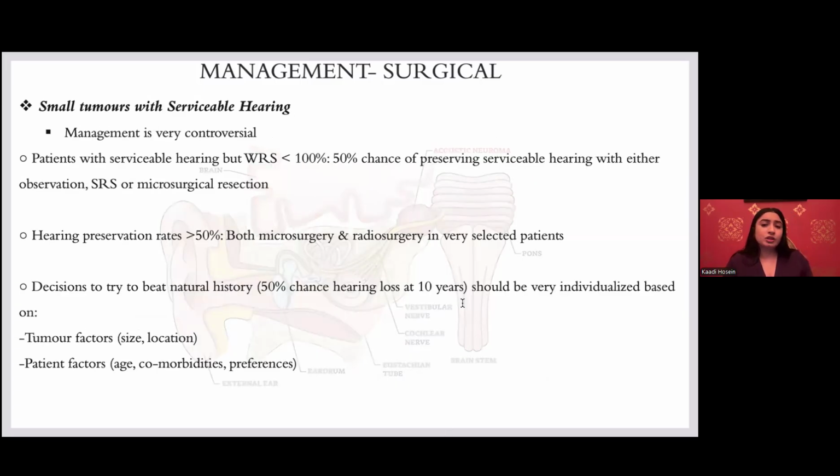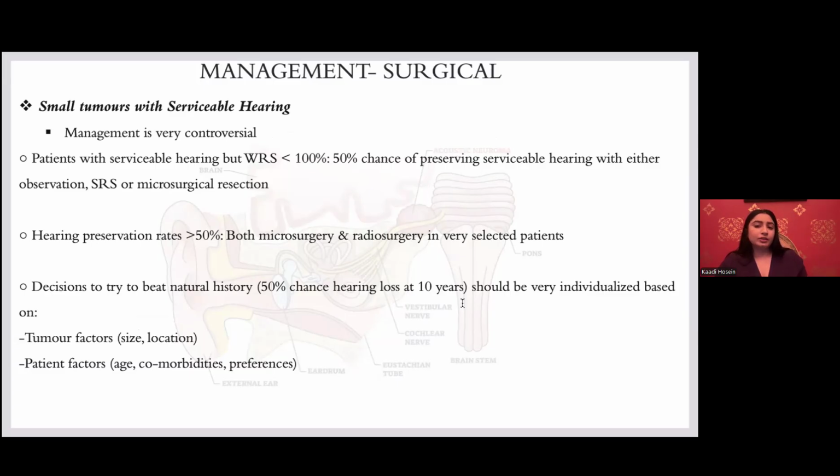Now, for small tumors with less than 50 millimeters with serviceable hearing, the management is controversial. Patients with serviceable hearing but a WRS score of less than 100% have a 50% chance of preserving their serviceable hearing. And as we stated before, serviceable hearing was the class A or B of AAO-HNS, and 1 and 2 in Gardner-Robinson.